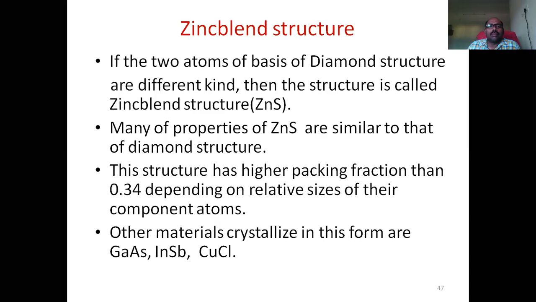The number of lattice points per unit cell is 4, and the number of atoms per unit cell is 8. The coordination number is 4. It is important. The coordination number of diamond structure is 4, and its distance is root 3a by 4.